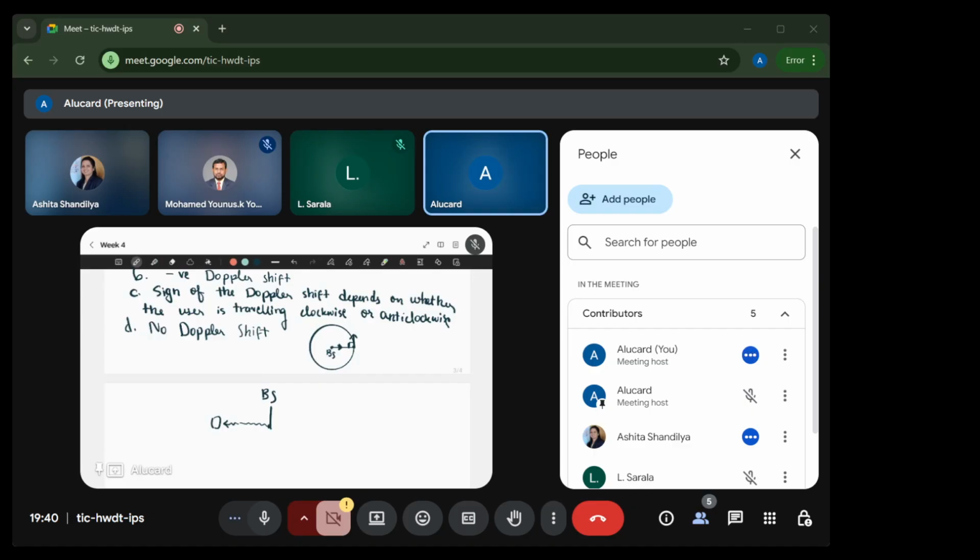At time t equal to 0, it emits some radiation. Now, if the user was stationary, at some point of time t equal to t1, there would be some component of the radiation that would hit the user. But since the user is moving, within the time t1 he would have moved to some other point that is closer to the base station.